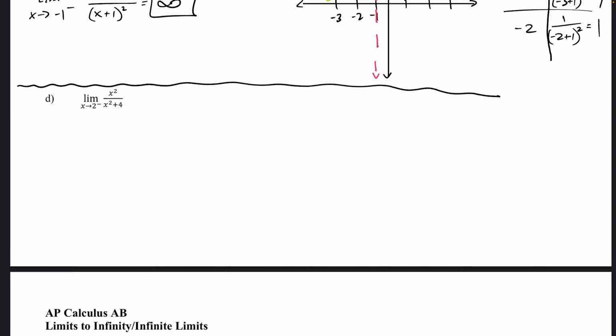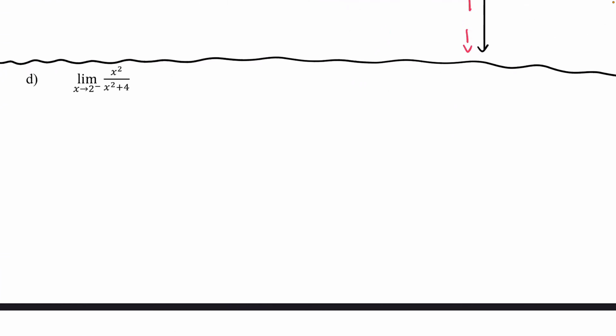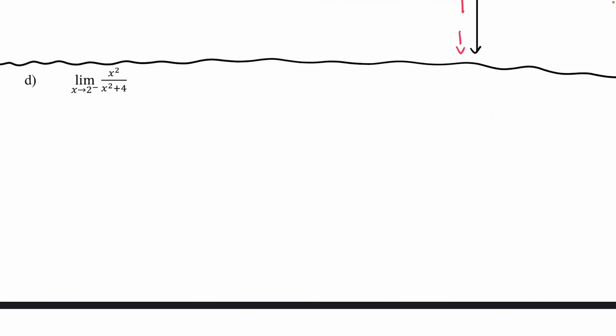Okay, so here we go, D. This one wasn't one we did in the front. So I have no idea what the vertical asymptote situation is. So before you do that, plug in 2. Don't worry about vertical asymptotes until we actually need them.